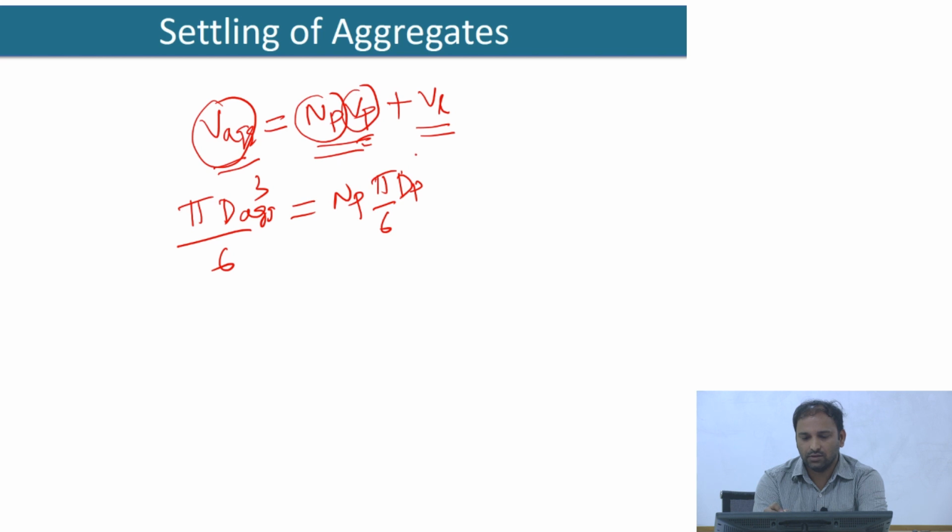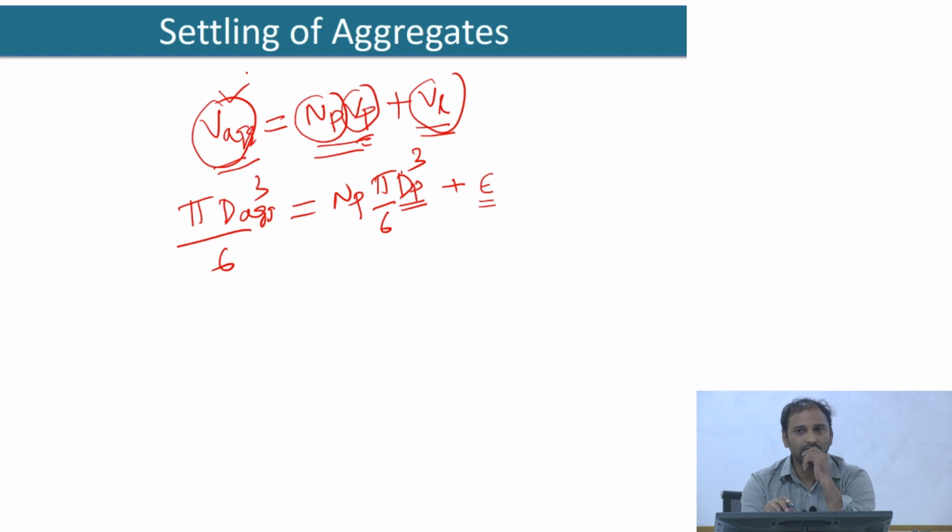So, that is the dimension of the particle that makes the aggregate, plus the volume of the liquid. I could write this in terms of the volume fraction. Can I express this VL in terms of the V aggregate? I can do that, right.